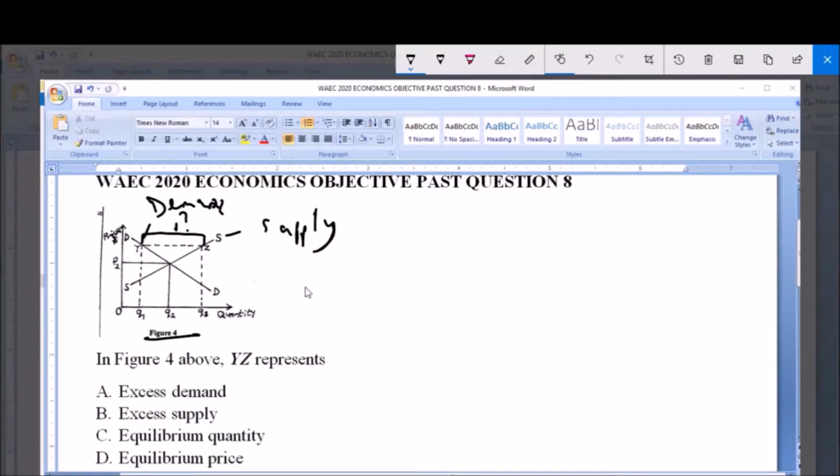Now the YZ portion represents excess supply.